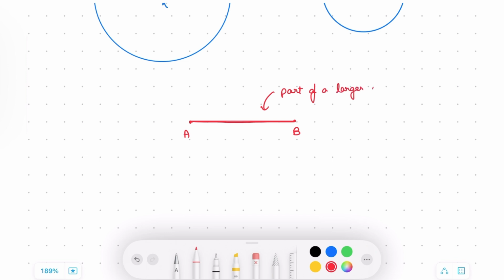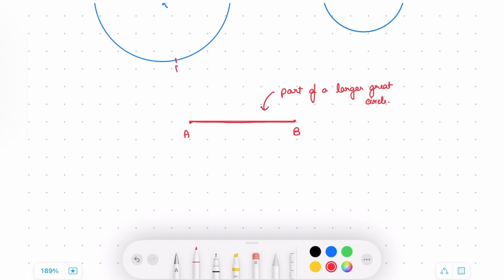Now what is a great circle? A great circle is a disc which passes through the center of the earth, and the perimeter of this circle lies on the surface of the earth. If we were to travel between 2 points and take the shortest path between them, then this shortest path would be a small portion of this very large great circle.